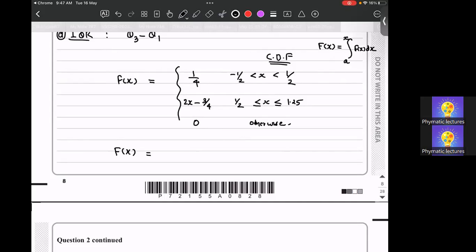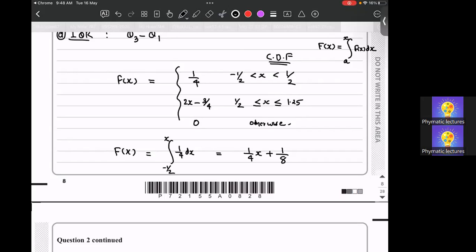So capital F of x, we will be saying it as integral of -1/2 to x of 1/4 dx. So that we will get it as 1/4x plus 1/2. 1/4x multiplied by, it's not 1/2, it's 1/8, because upper limit minus lower limit means it is 1/4 into minus 1/2.